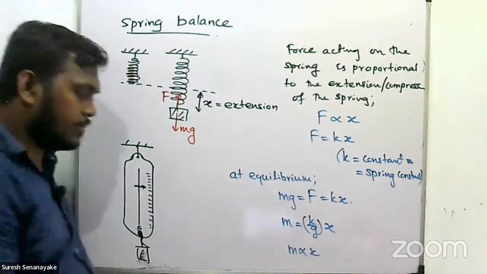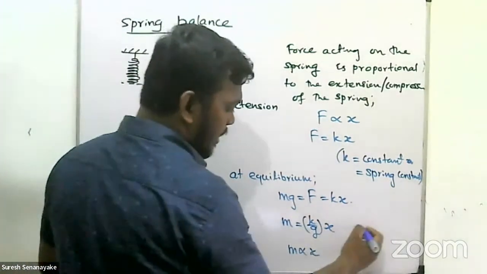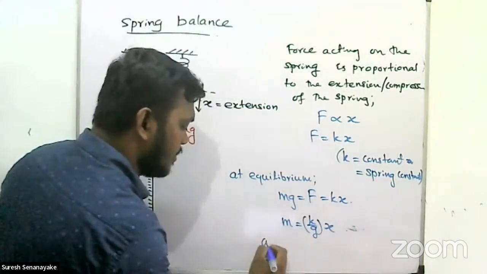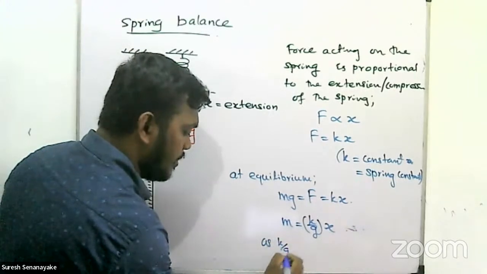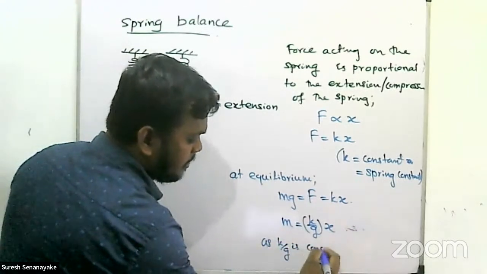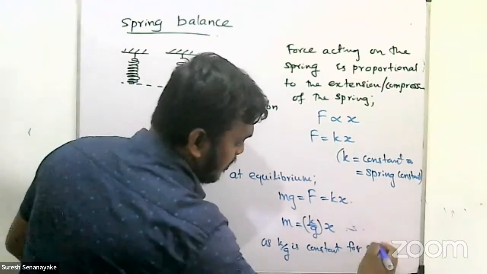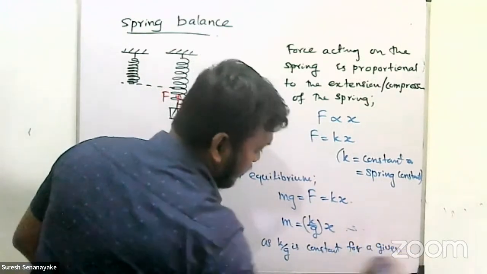I will write that k over g is constant for a given spring.